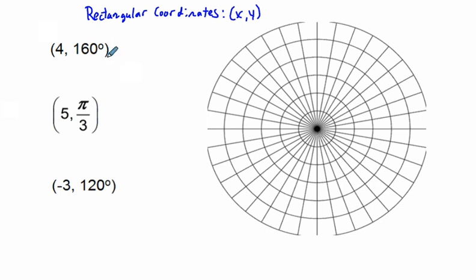Now, the things that will tell you that you have polar coordinates are several. One is sometimes the problem will just tell you these are polar coordinates. Another thing you're going to see is a degree symbol in the second coordinate, or a radian measure symbol, when you have a pi or some kind of fraction of pi.